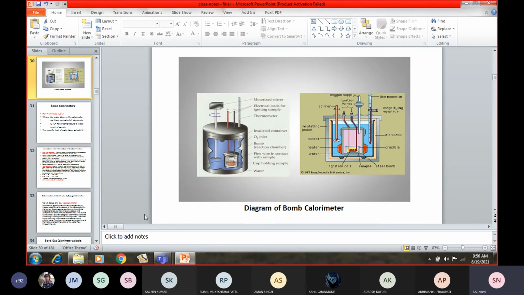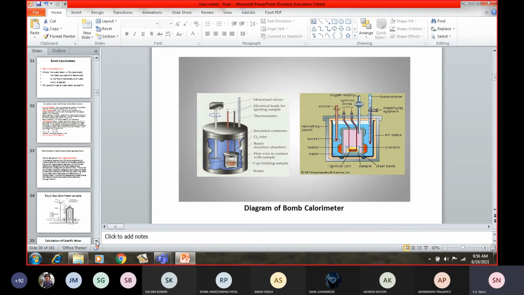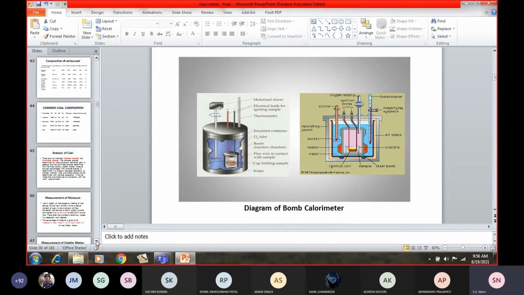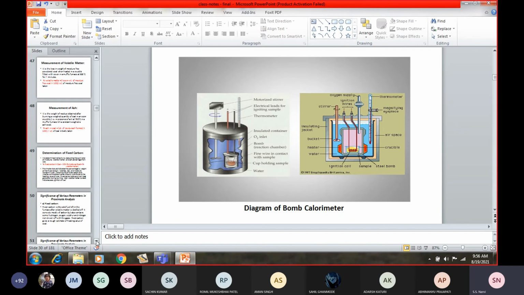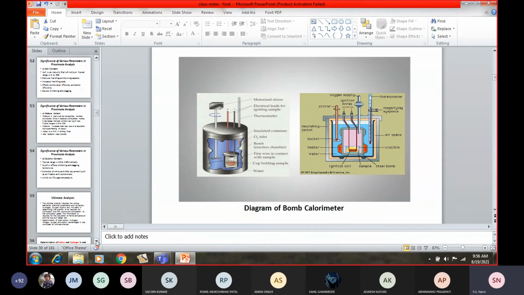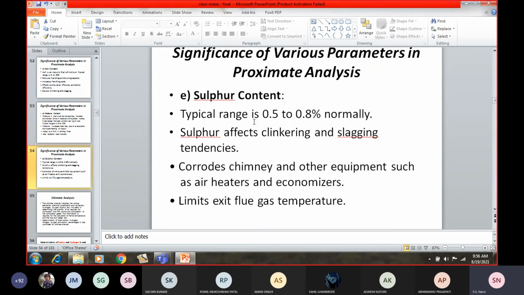So sulfur content you can also determine here. So sulfur you determine like this.